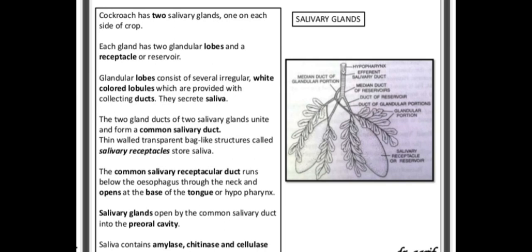Food and feeding. Since cockroach is omnivorous, it can feed on any food material, and when food material is unavailable, it can also consume paper, cloth, wood, etc. Anything that it comes across.